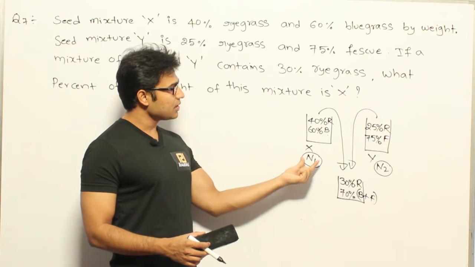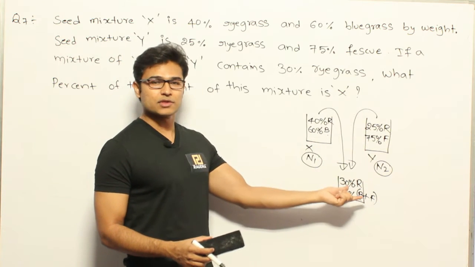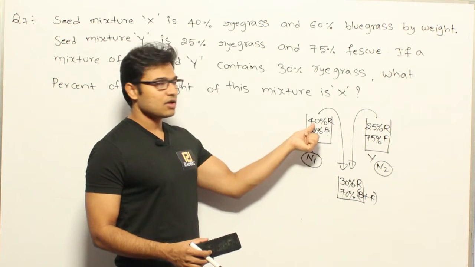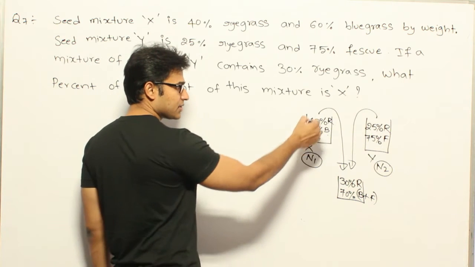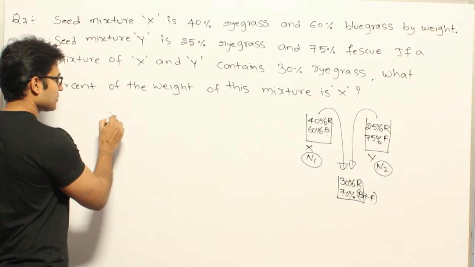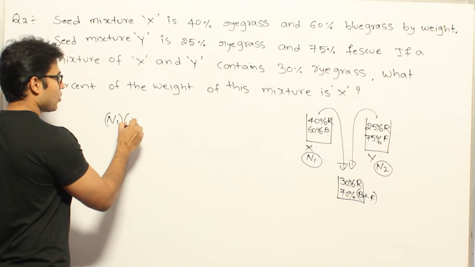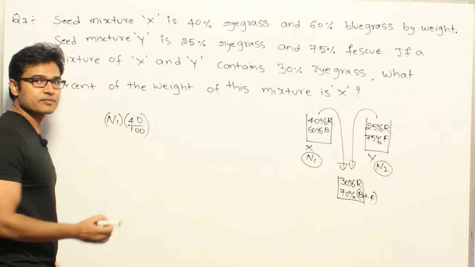Therefore what will be the ryegrass seeds that will fall into this final mixture? That depends on how much you are getting from this, isn't it? So the ryegrass that you get into this is going to be N1 cages into 40% of it, right? 40 by 100. Are you getting this?